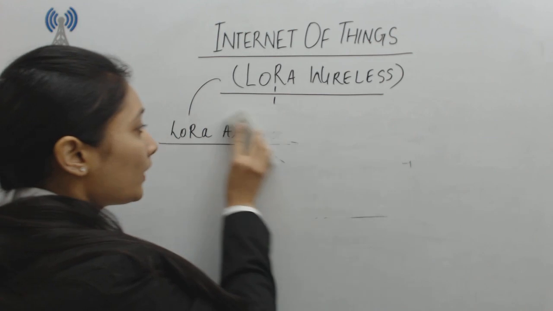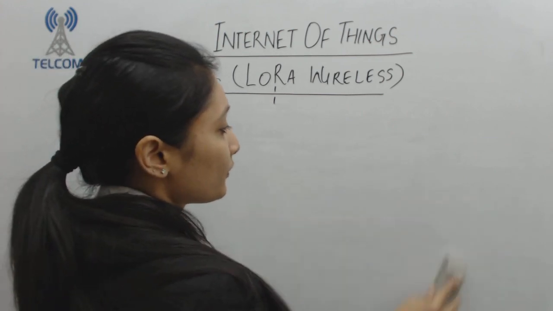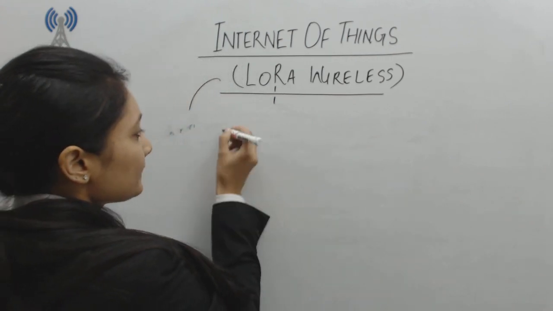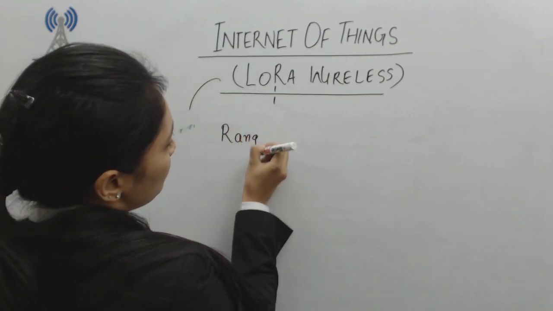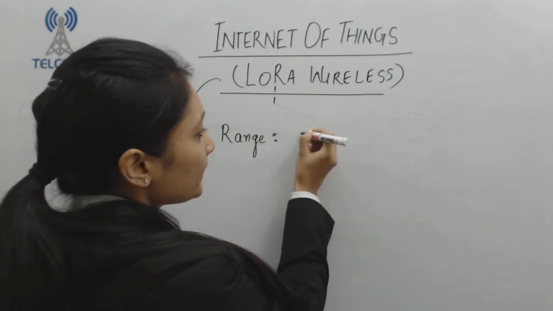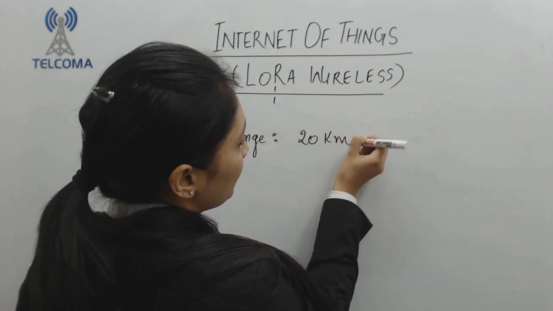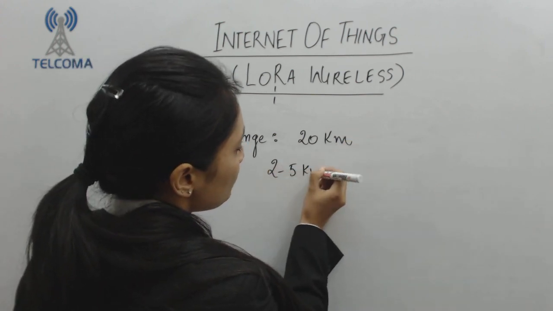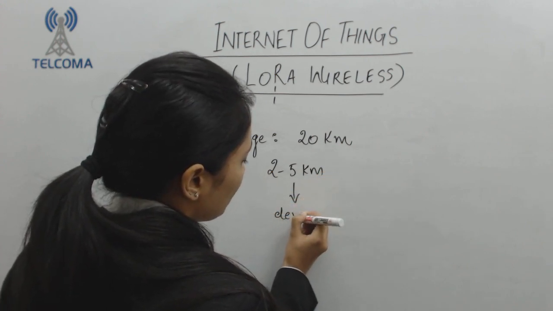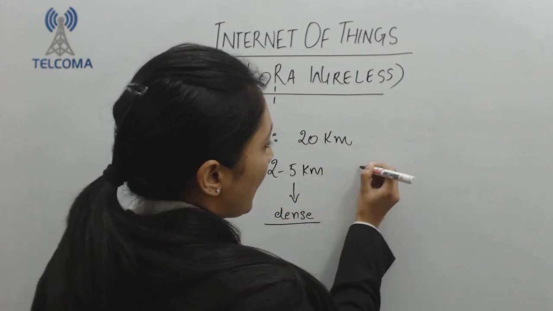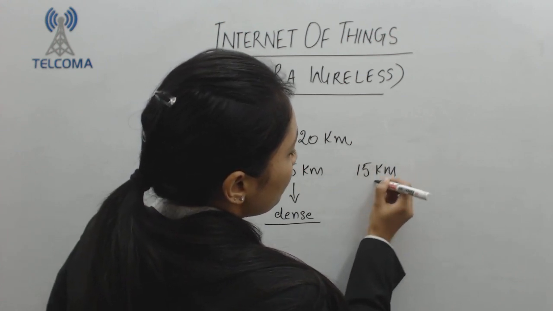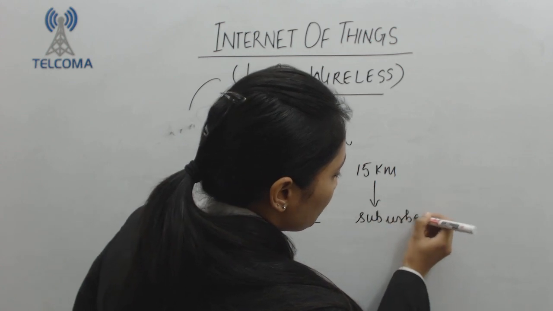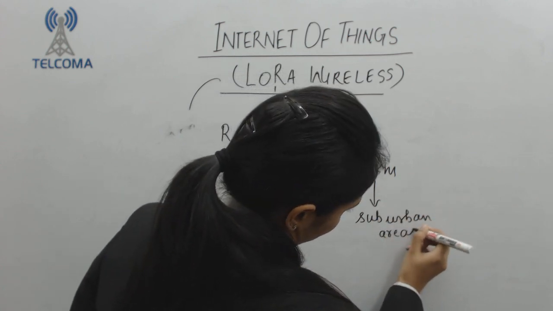Now, what are the key characteristics of LoRa wireless? First of all, range. It is stated that it should cover up to 20 kilometers, but basically it covers 2 to 5 kilometers in dense areas and up to 15 kilometers in suburban areas.